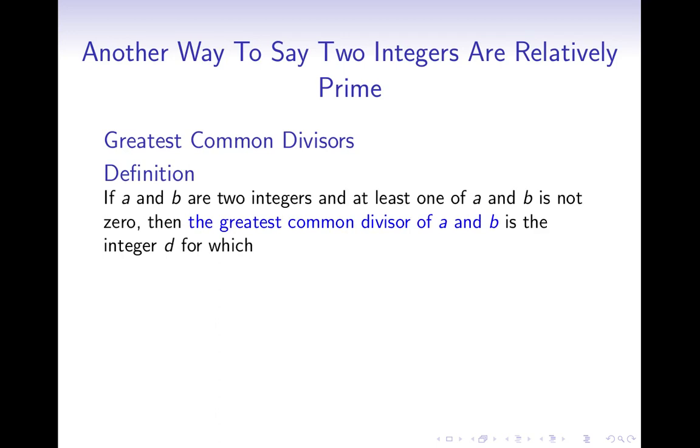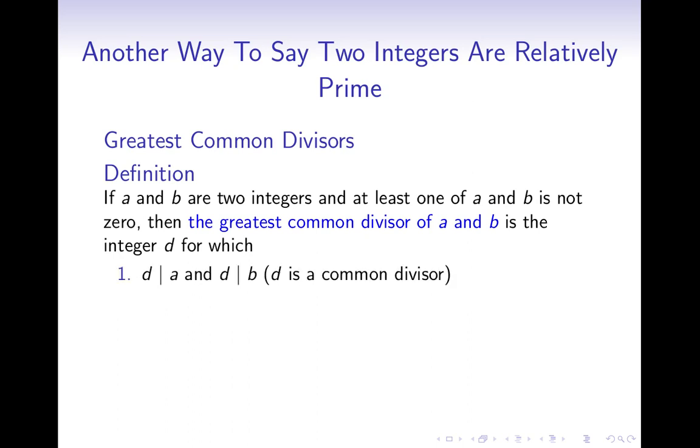So if A and B are two integers, and at least one of A and B is not 0, then the greatest common divisor of A and B is the integer d for which, and now I simply want to say that d has to be a common divisor of a and b, and that d has to be the greatest.